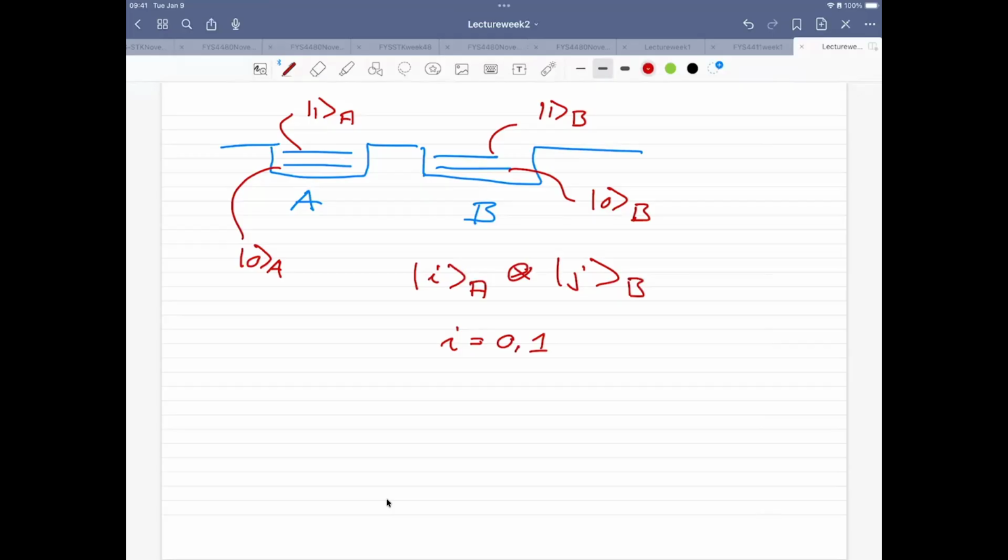And I simply state, this is my computational basis. You can think of this as a classical basis.